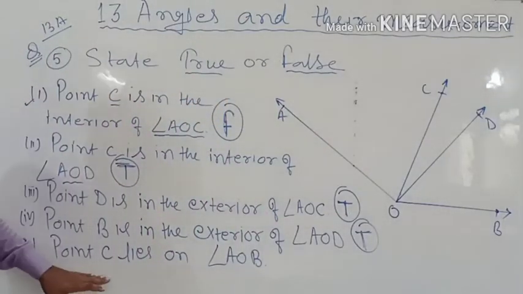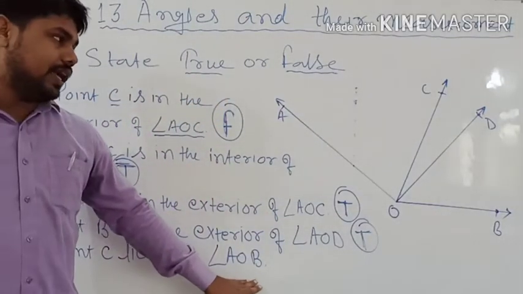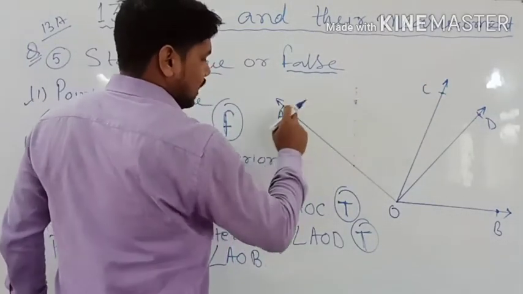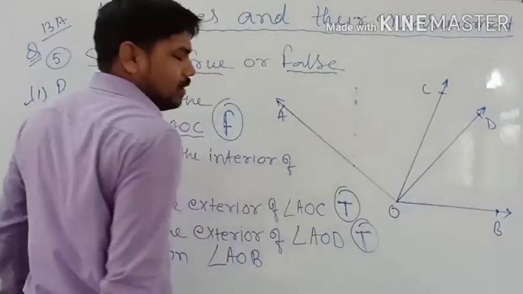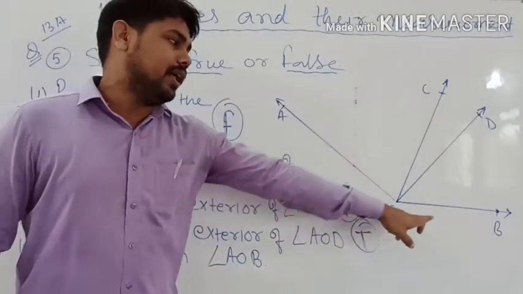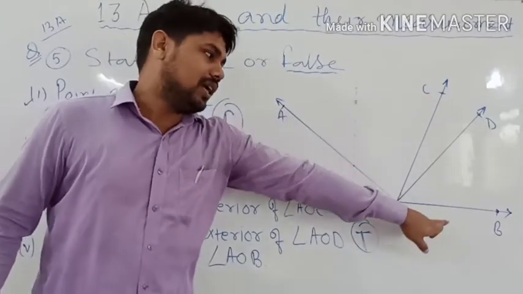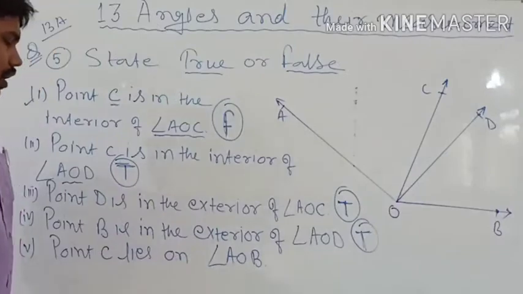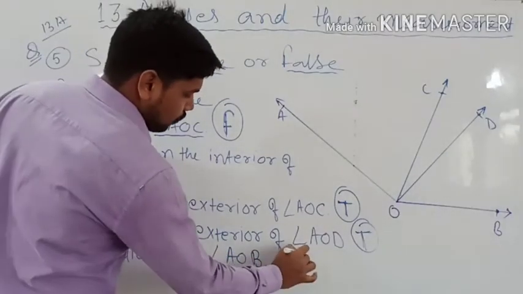Now, point C lies on angle AOB. Point C does not lie on AOB, because it is in the interior of the angle AOB. Points C and D both lie in the interior of angle AOB. So this statement will be false.